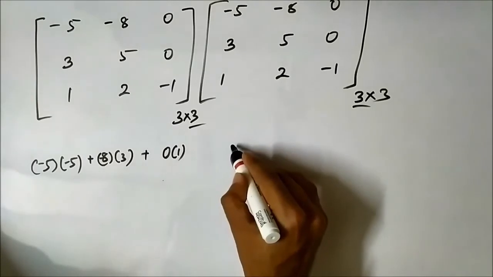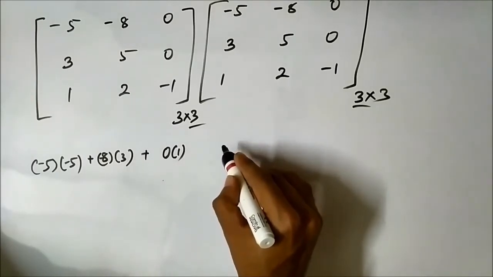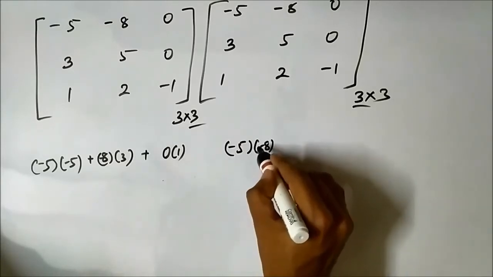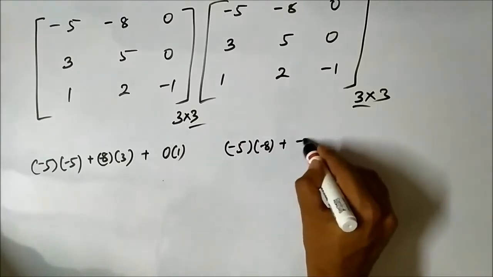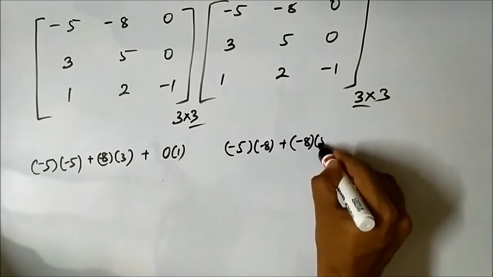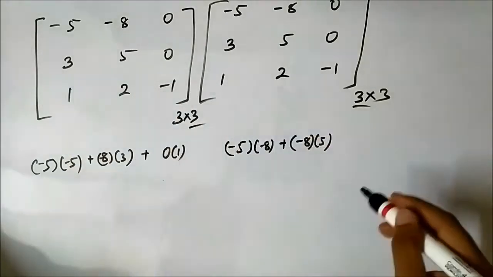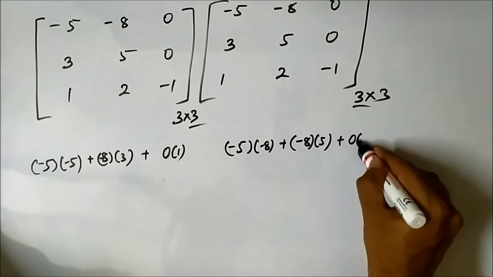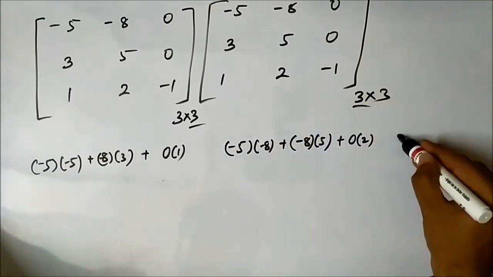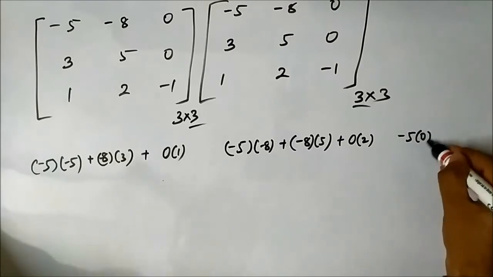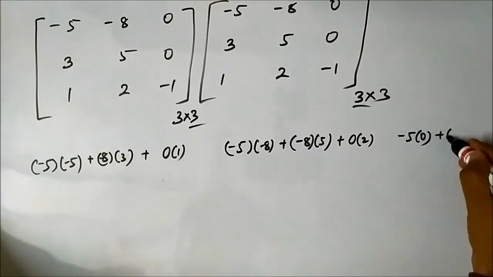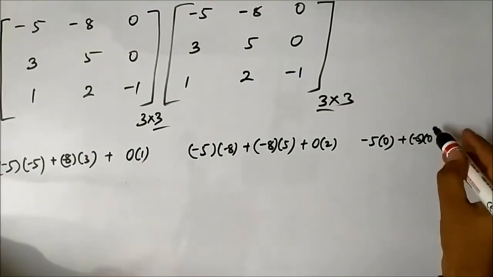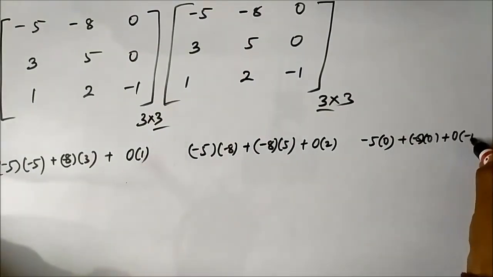Similarly, minus 5 into minus 8 plus minus 8 into 5 plus 0 into 2. Next, minus 5 into 0 plus minus 8 into 0 plus 0 into minus 1.